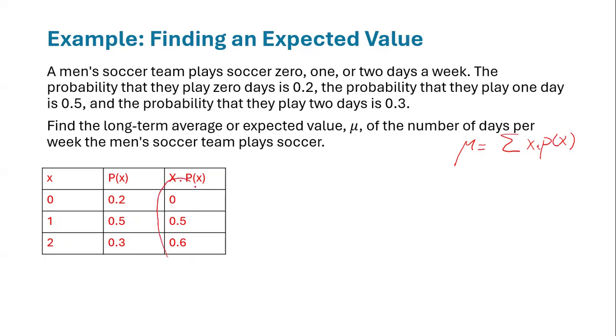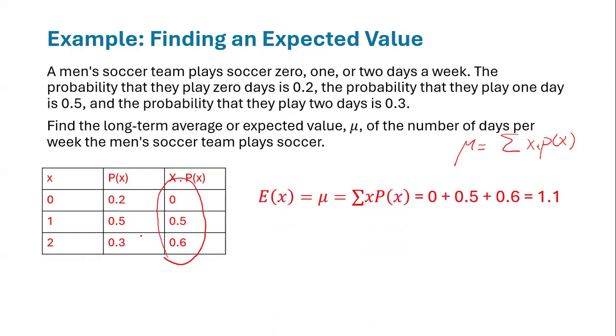Now I add all these numbers to find the mean, and it gives me 1.1. So the expected value for the number of days that this team plays soccer is 1.1.